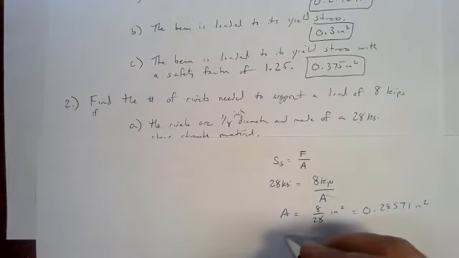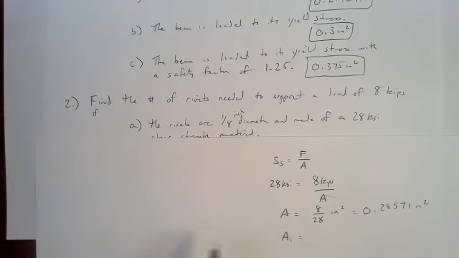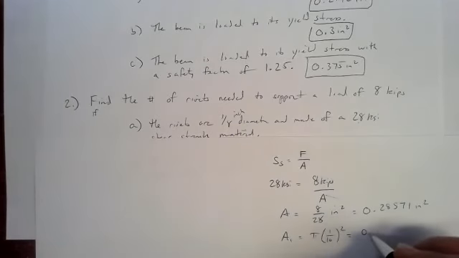So we'll find the area of 1 rivet. We're told that that is a 1/8 inch diameter rivet. So we have pi times 1/2 of the diameter, so 1/16, squared. So we'll square that, multiply by pi, and we get 0.012272 square inches.